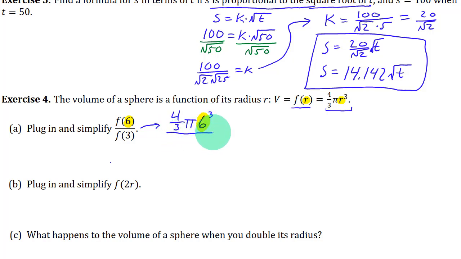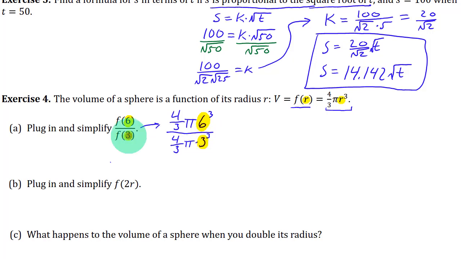So that is f of 6. f of 3 is the same thing: 4/3 times pi times 3 to the power 3. So that's f of 6 in the top, and then the fraction bar, and f of 3 in the bottom.